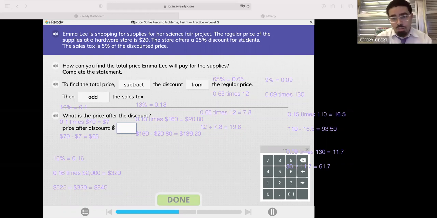So if you want to take that discount off the original price of $20, how do you do that? You change it into a decimal. So what is 25% as a decimal? Point 25. And then what do you do?